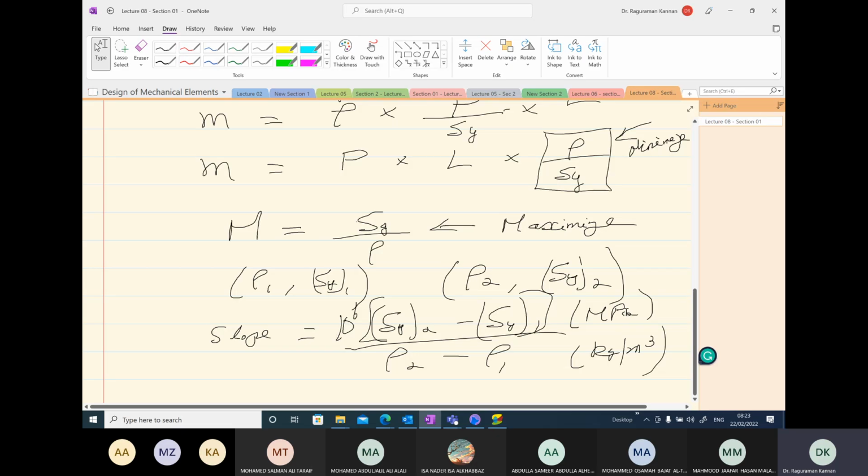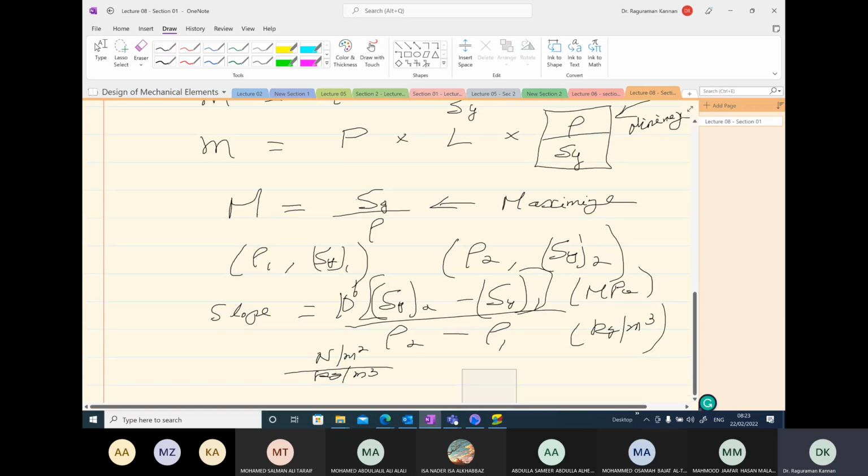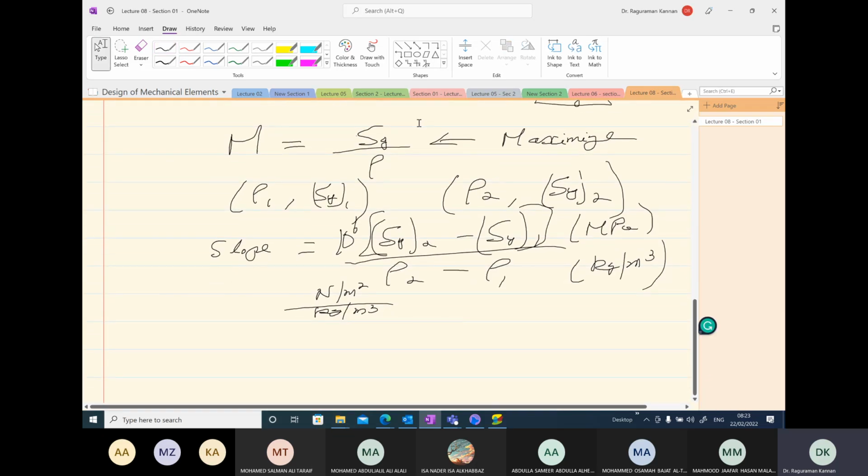So you have here Newton per meter square over kg per meter cube, and if you reduce this, meter square, meter cube, we will get Newton meter per kg, or you can leave it as joules per kg.